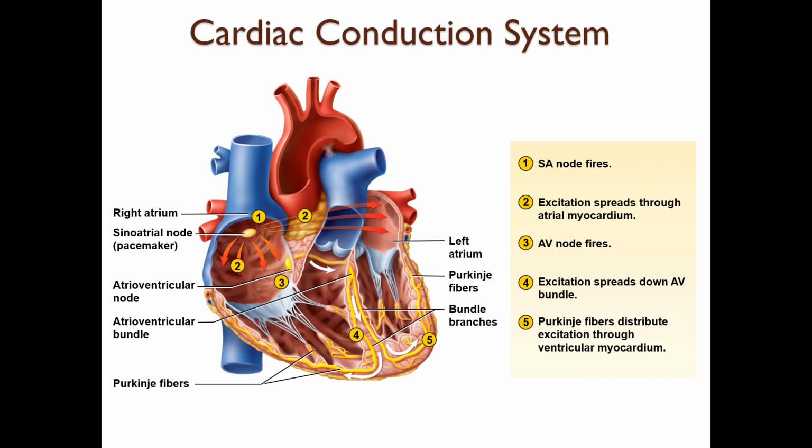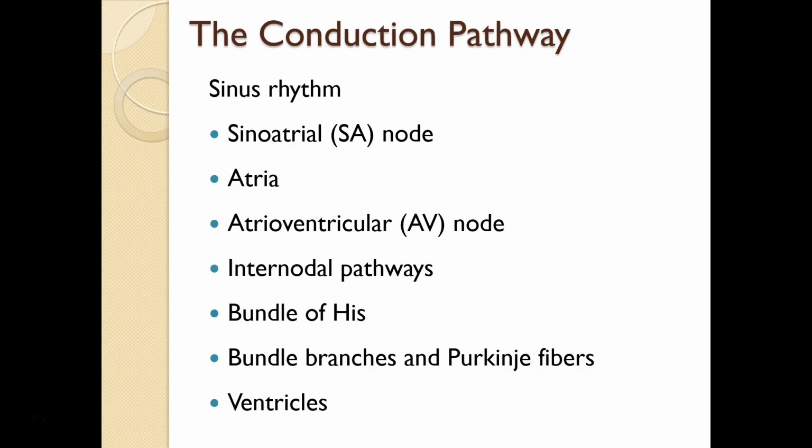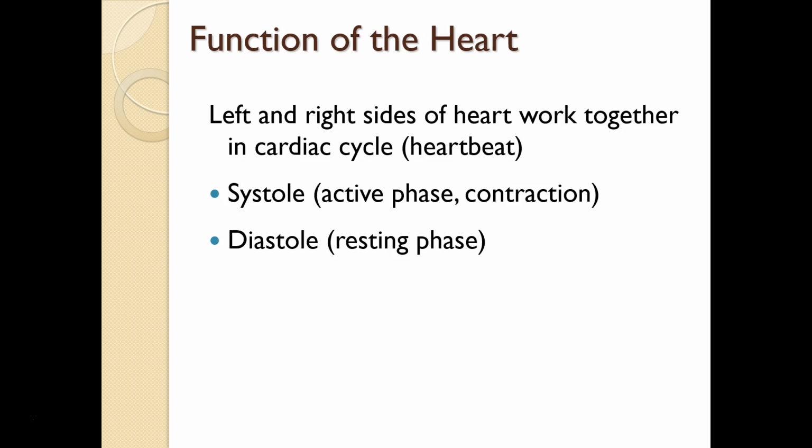So those are the components there. So the contraction, this is the left and right sides of the heart working together in what's called the cardiac cycle, or one heartbeat. You have systole, which just means contraction or active phase, and diastole is relaxation.